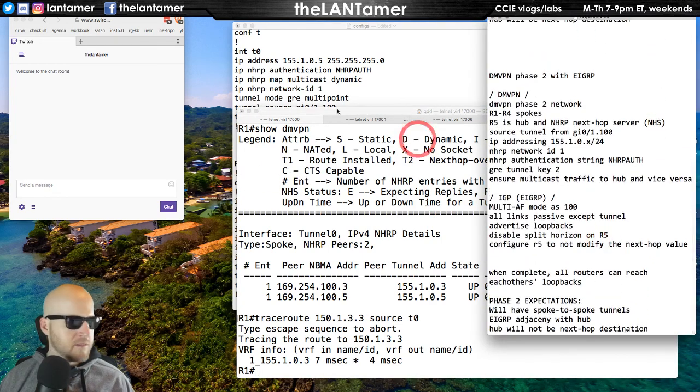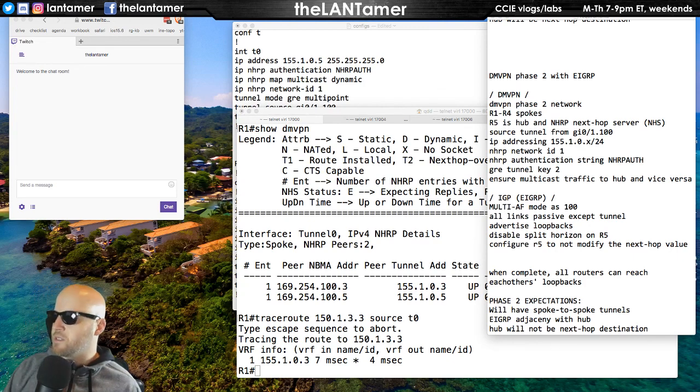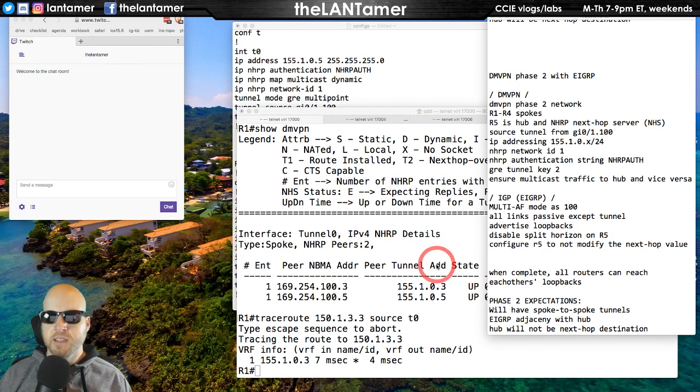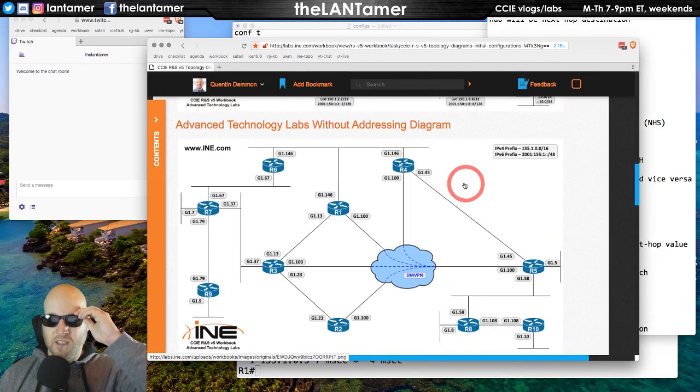Okay, router phase 3. Now this is a lab we have not attempted yet. It makes a huge difference when you understand what the protocol is supposed to do, and what's going on, right? So let me explain. Let's talk phase 2, phase 3. So phase 2, this is great.